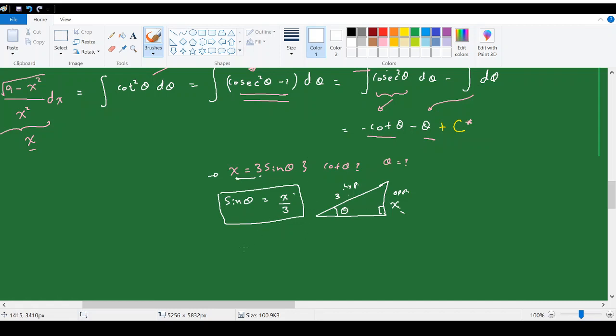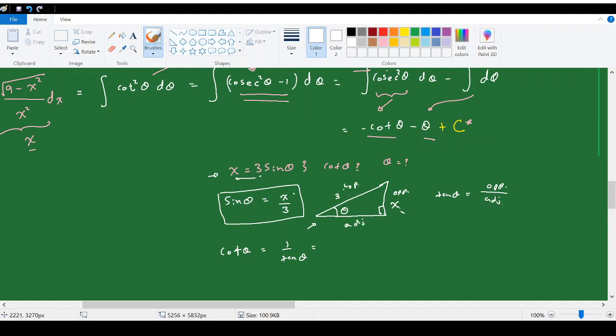So now it's just a matter of finding cot theta by using this right angled triangle. Now cot theta is the reciprocal of tan theta, and tan theta will be equal to the opposite side over the adjacent side, right?